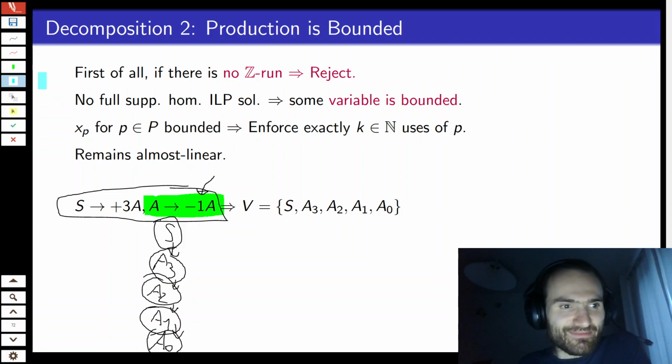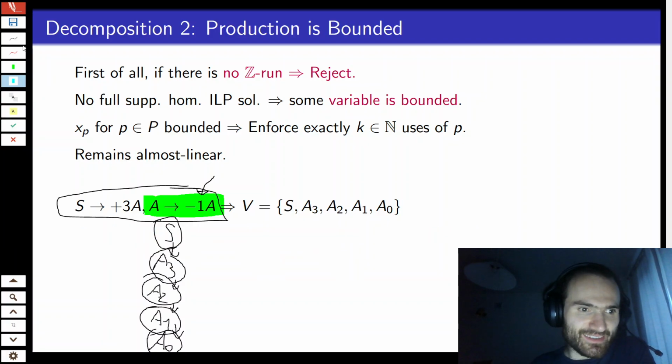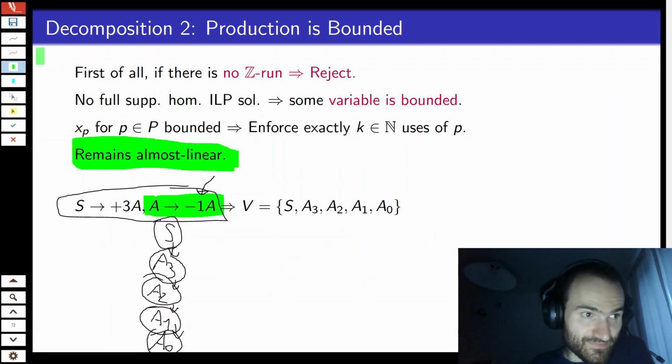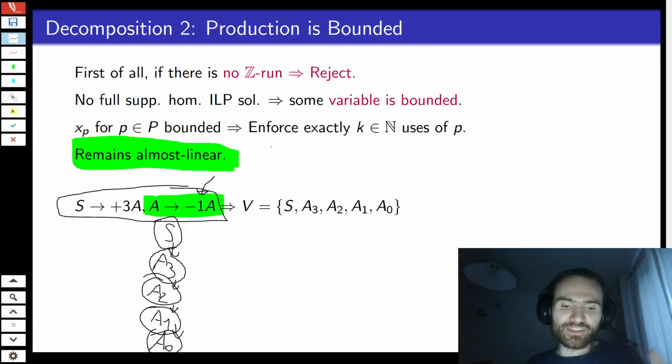Okay, but of course we want to be a little bit more formal. Why does this remain almost linear, you might ask? Think about it as follows. What is the condition for almost linear?